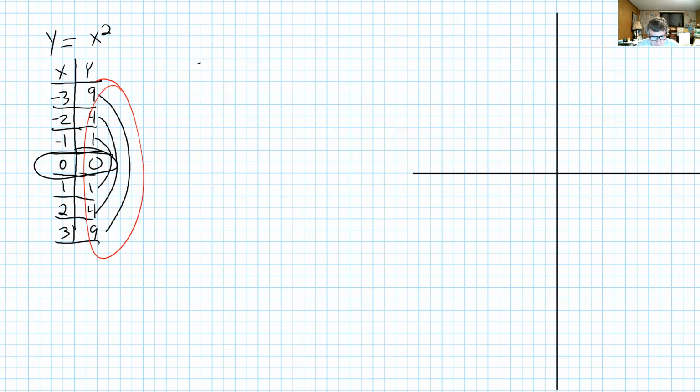We had the following information: -3, 9, -2, 4, -1, 1, 0 there, there, and there. Okay, let's see if I can draw this again without all that extra mess. Hey, did even better.